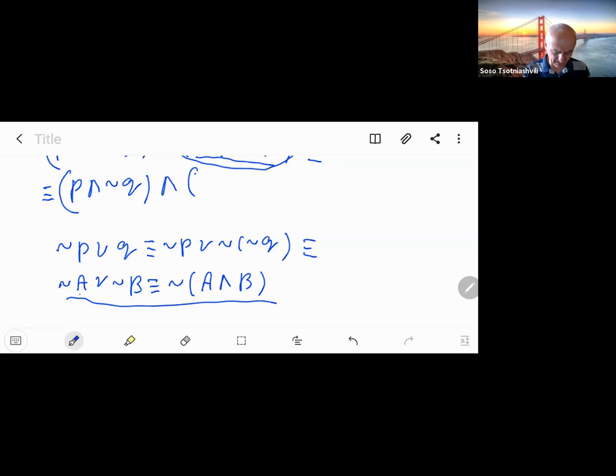Instead of A, I have P, and instead of B, I have not Q. So I will write first this negation symbol, not, and in the parentheses we have A and B, in our case P and what?